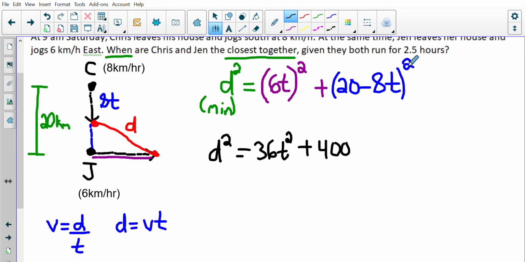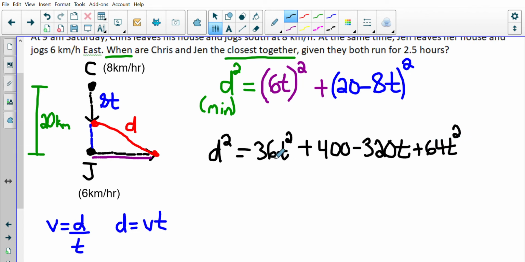Then I've got 2 times negative 8t times 20. Calculator time. 2 times negative 8t times 20, I get negative 320t. And then I've got to take negative 8t squared. Well, negative 8 squared is plus 64, and t squared is t squared.